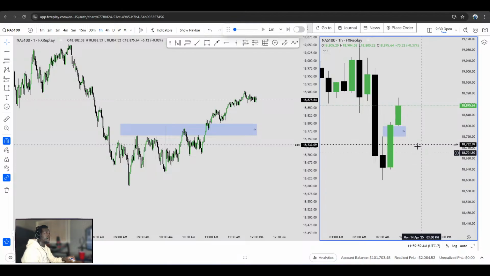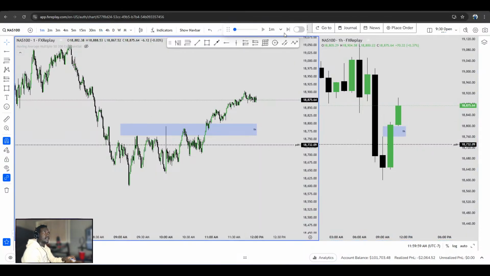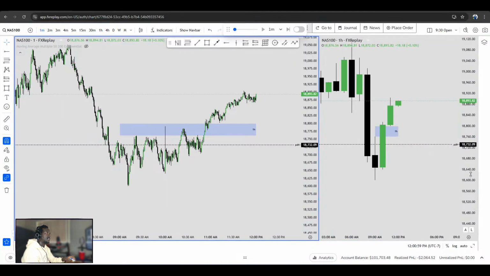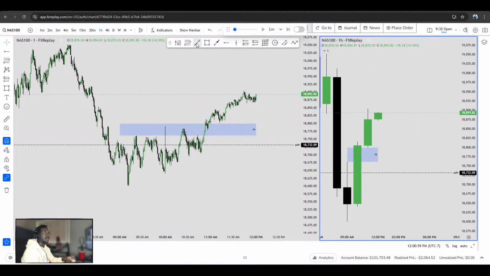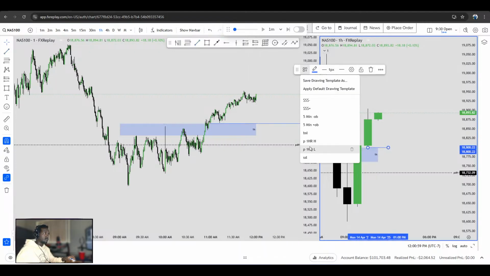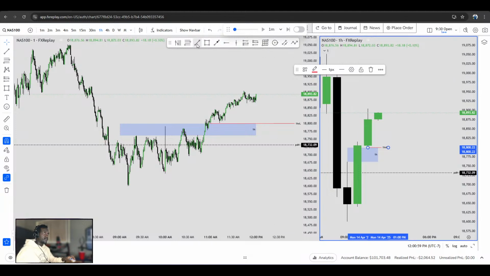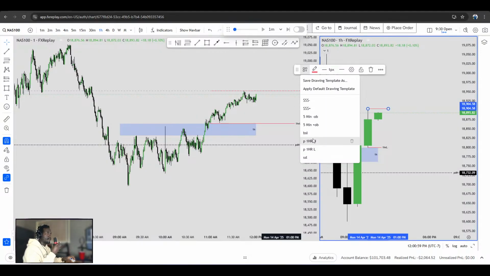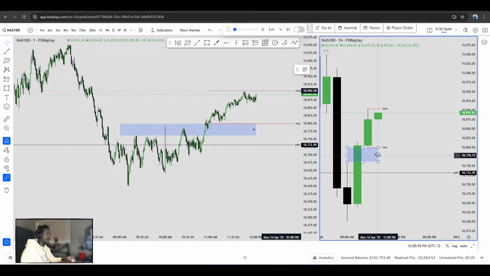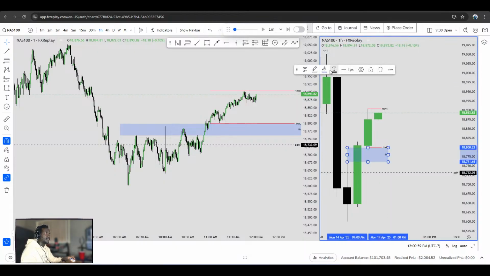So let's move this side by 1 minute so we can open up the next 1 hour candle. And I'm gonna mark that previous 1 hour high, 1 hour low right there, and that previous 1 hour high. And I'm gonna pull out that 1 hour fair value gap to the right.